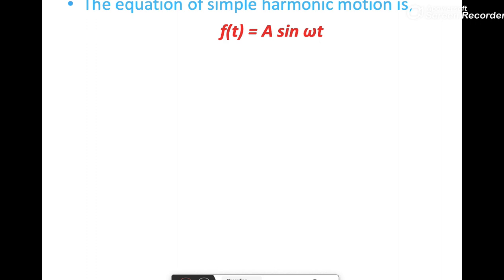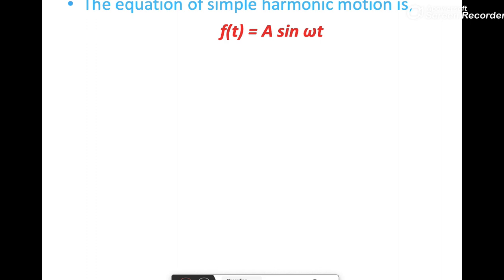Therefore, the repeated disturbance which is created on the string gives simple harmonic motion. That's why the equation of simple harmonic motion is introduced here to understand the mathematical expression of this wave motion.